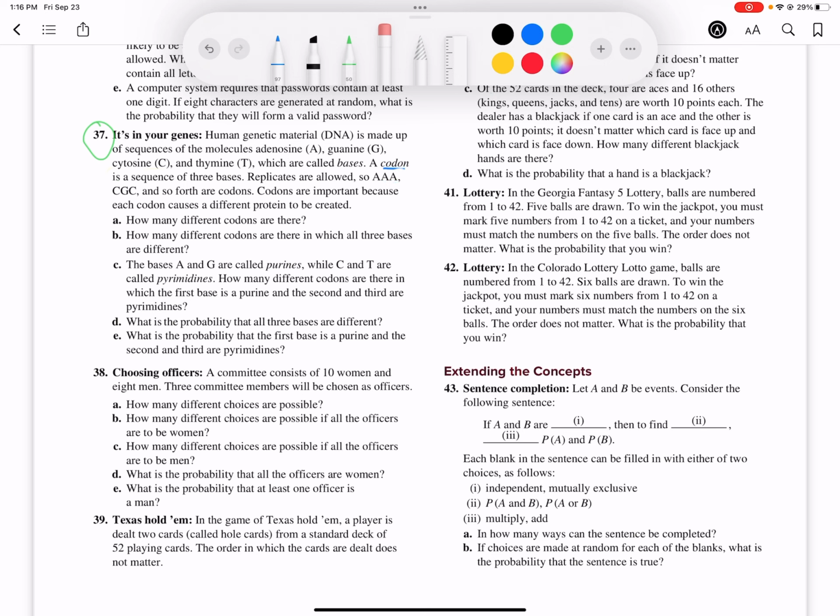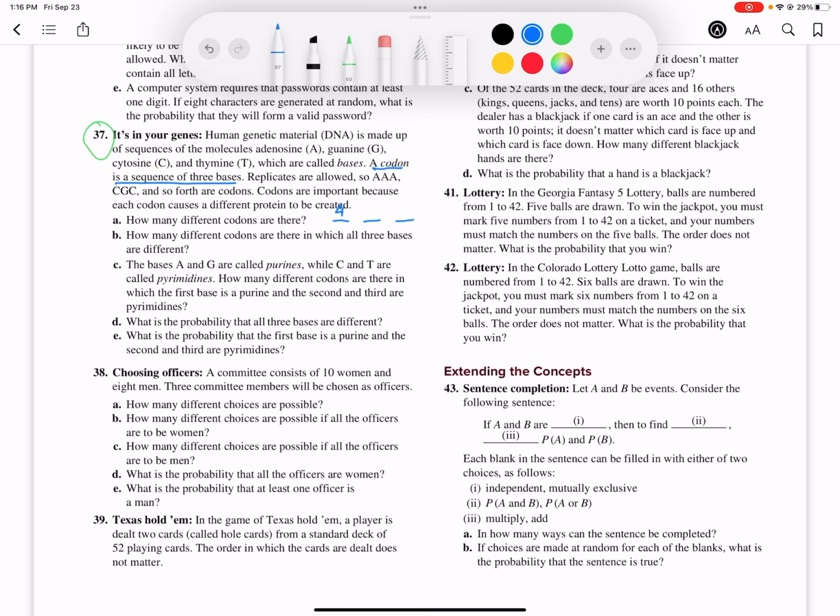To make a codon, it is a sequence of 3 bases. So here is a codon: 1, 2, 3. For the first one, it can be base A, base G, base C, or base T. So we have 4 choices for the first one. The second one is the same.